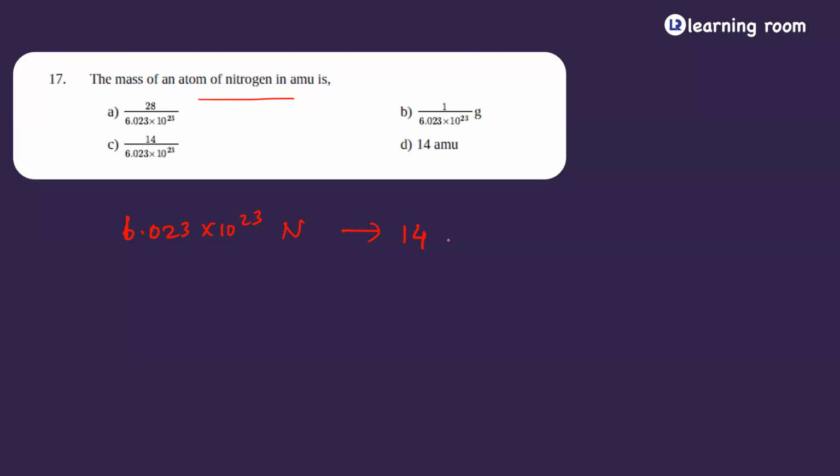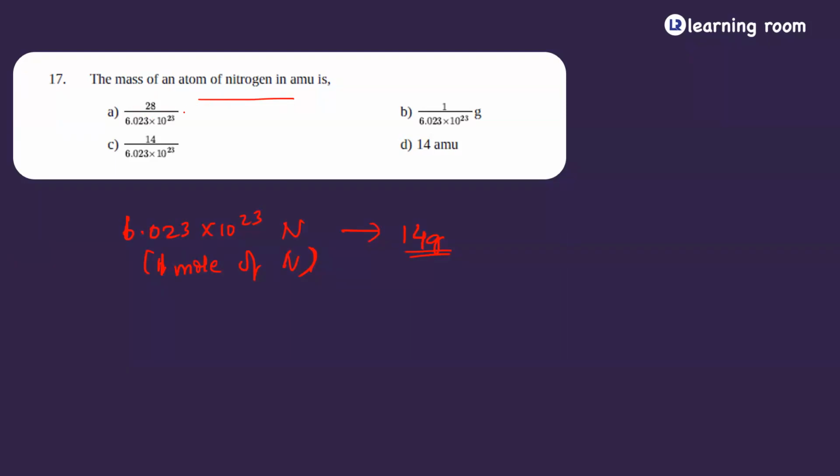Gram. 14 grams. This is 1 mole of nitrogen, right? Yes, ma'am. So the weight of 1 mole of nitrogen is 14 gram.